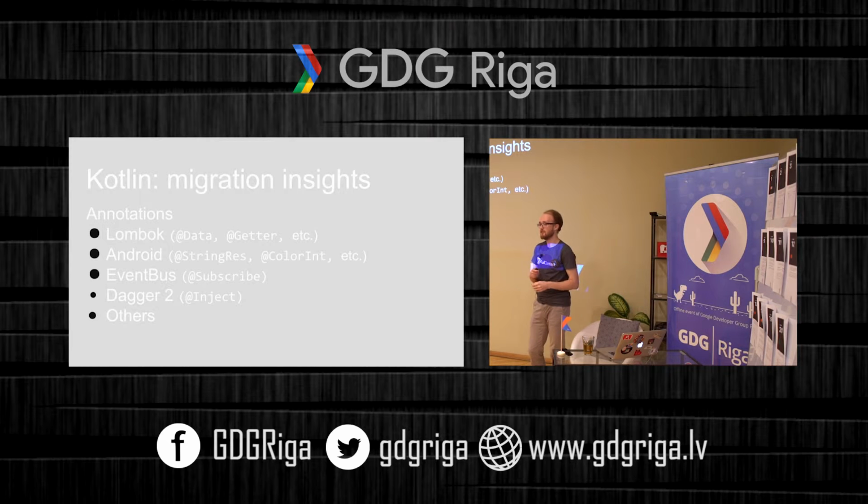Lombok is a great tool if you're stuck with Java. But the way it works, it does some low-level bytecode manipulations, and it uses some internal Java APIs, and it's not compatible with a lot of stuff. So you cannot use Lombok and Kotlin at the same time, basically. That's the short version of it. If you want to use, say, a Lombok getter from Kotlin code, you have to write the getter manually.